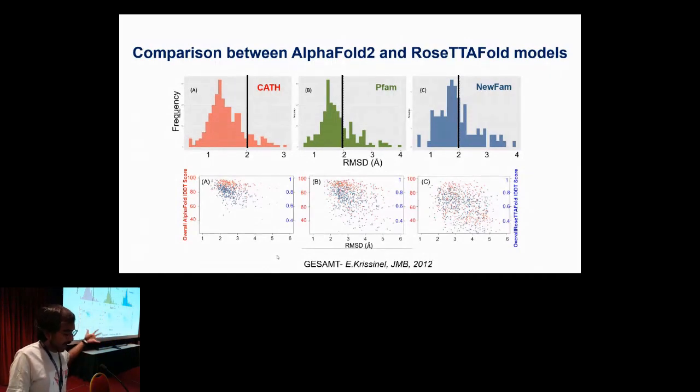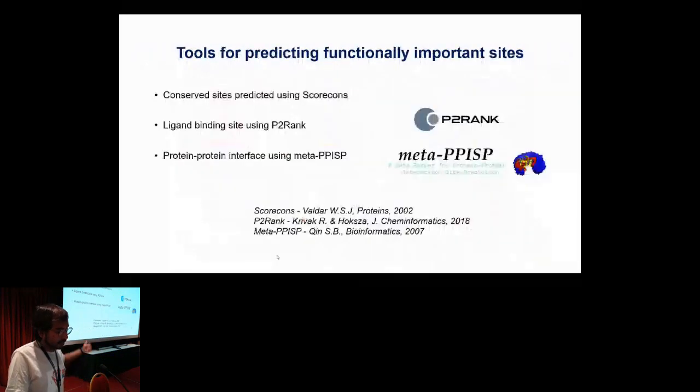After we had all these models, we went to the next task of utilizing these models to explain disease-associated mutations. We used different tools for predicting the functionally important sites. We predicted the conserved sites using ScoreCons, ligand binding sites using P2Rank, and interfaces using MetaPPISP.